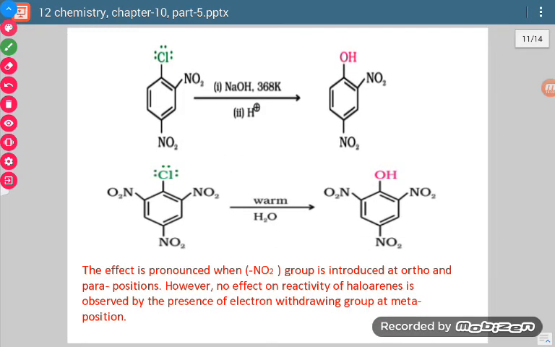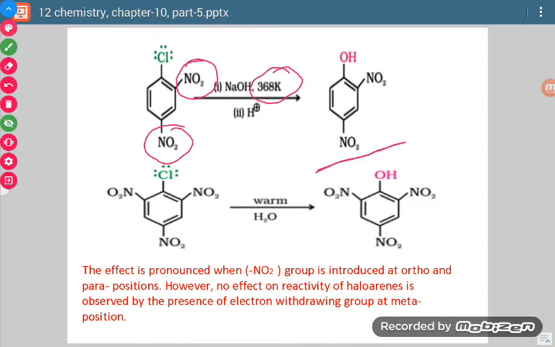Similarly, if we take a reactant in which two nitro groups are attached, it will further increase the reactivity, so the temperature required will decrease again. It reacts at 368 Kelvin and forms the phenol having two nitro groups attached.